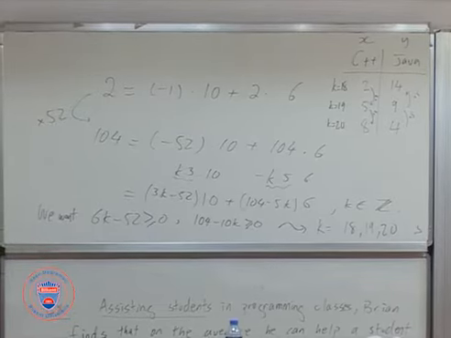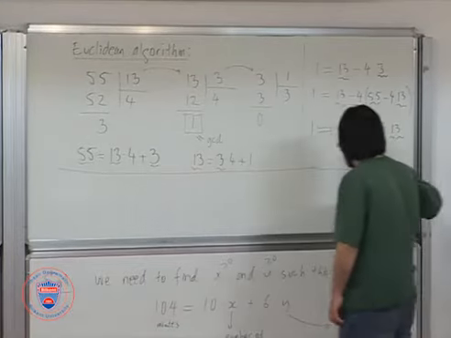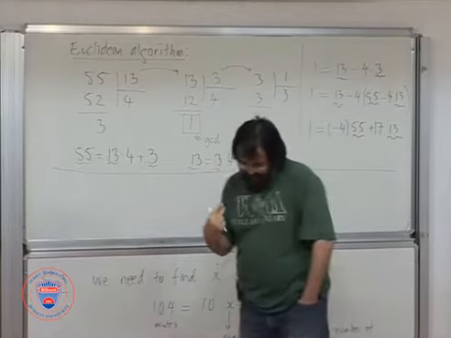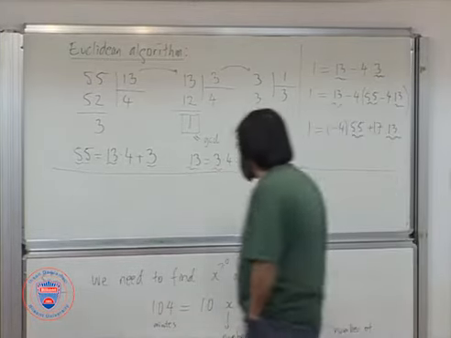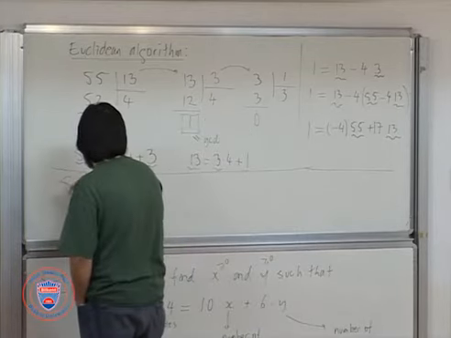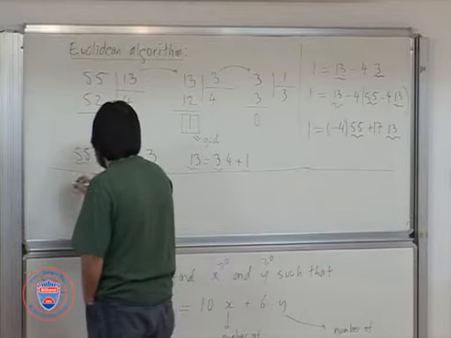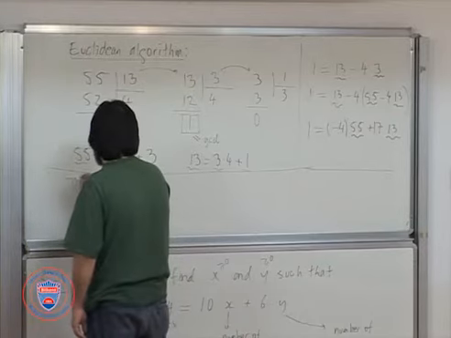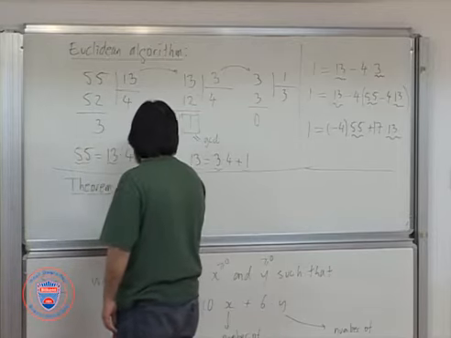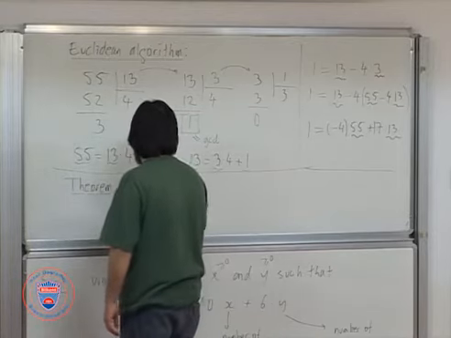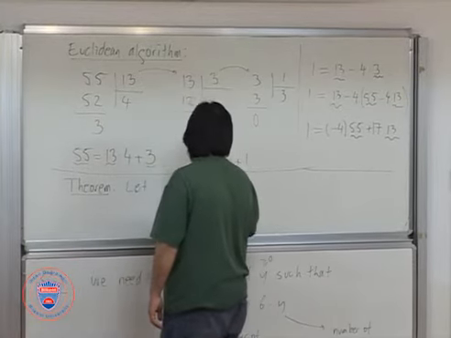There's actually a theorem which says that the fact that you can write the greatest common divisor as a linear combination of A and B can be formally proved. We call statements either theorems or propositions. I think this is a theorem in the book. Let A and B be positive integers.